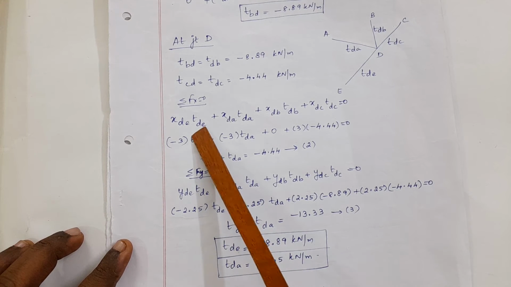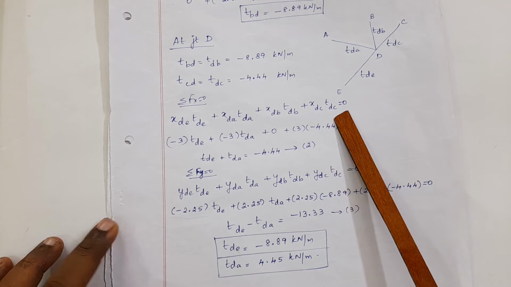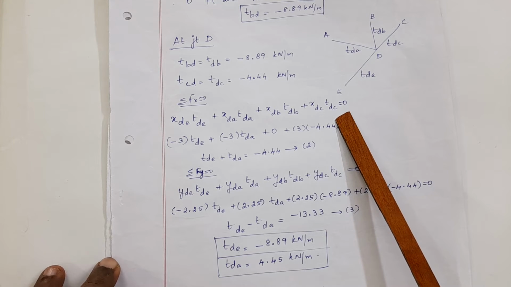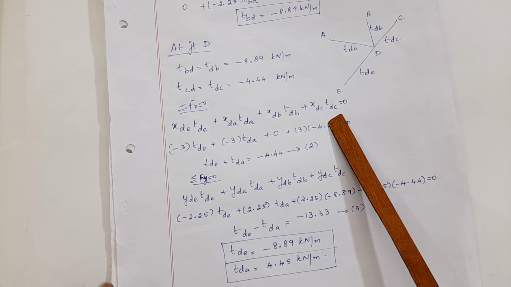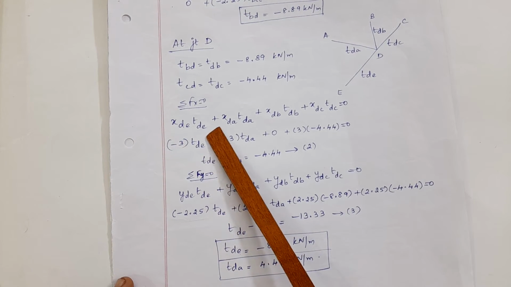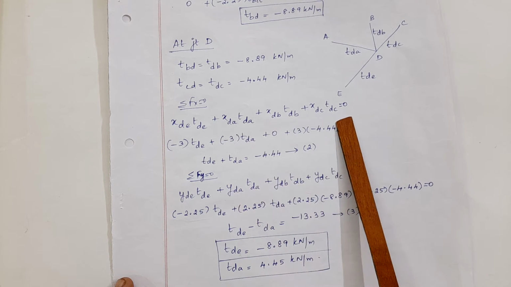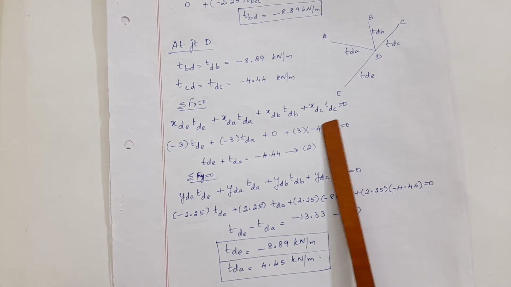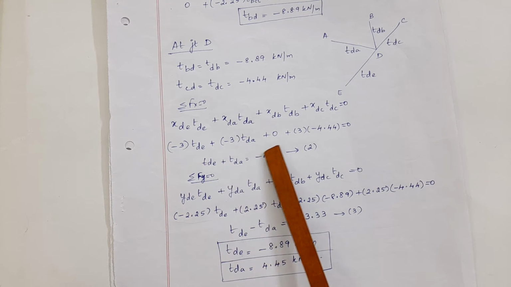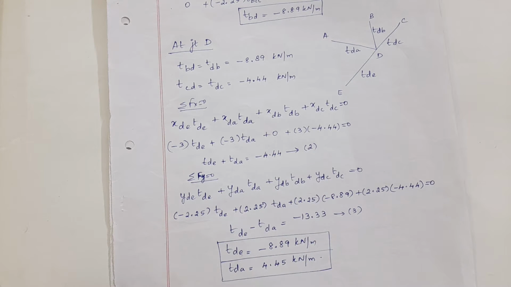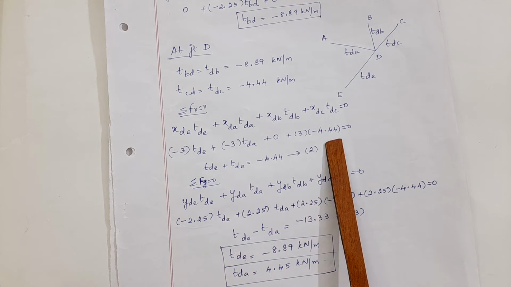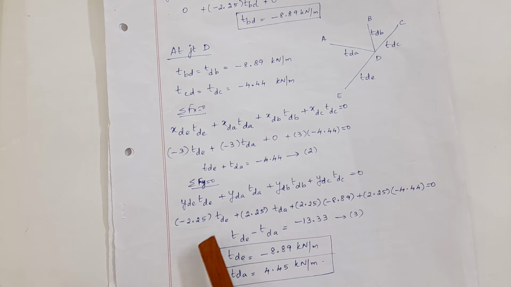So finally I can form a relation with x coordinate into corresponding tension coefficient, which forms the equilibrium equation, that is summation of all horizontal forces is equal to 0. So I can get the coordinates from step 2 for each x coordinate and substitute. If any tension coefficient is known to us, we can directly substitute.